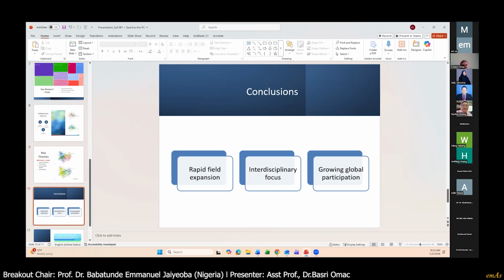Also, as I mentioned, there is growing global participation, because food is not a point for only several countries. This is an important parameter for the whole world. That's why we can observe the developing countries also participating in this growing global diversity.